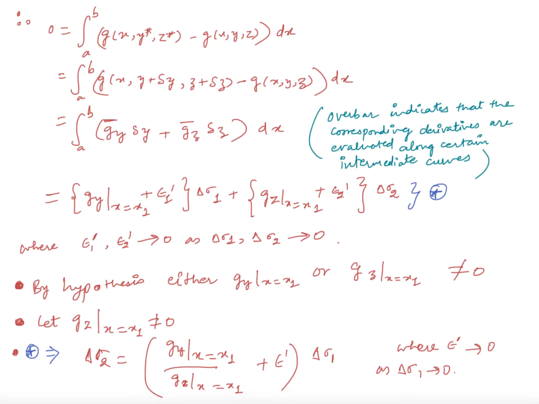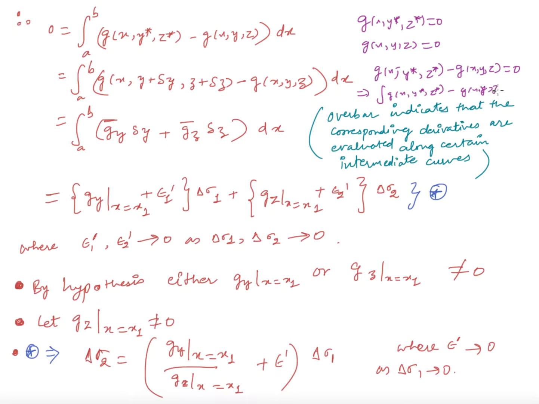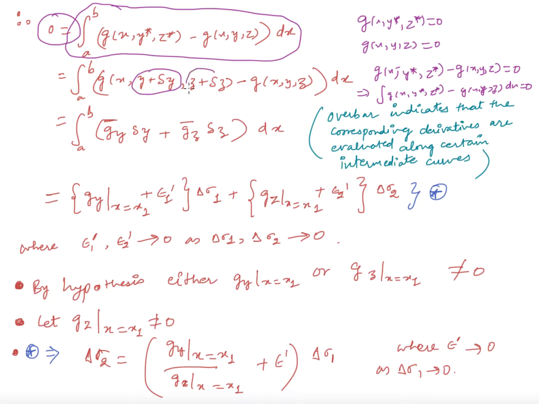So now we have g of x, y star, z star is equal to 0 and g of x, y, z is equal to 0. Therefore, g of x, y star, z star minus g of x, y, z is equal to 0. Therefore the integral of g of x, y star, z star minus g of x, y, z dx is equal to 0. So we have this integral equal to 0. Now y star is y plus delta y and z star is z plus delta z.